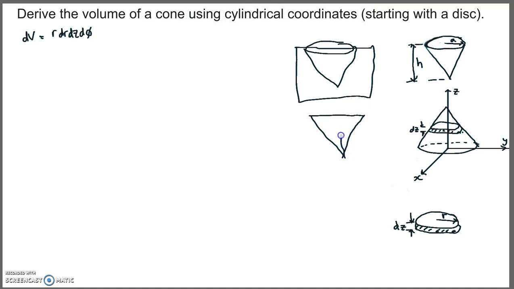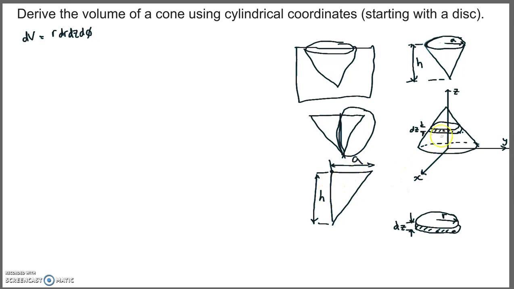The line in the middle here would be the axis of the cone. So we'd like to focus on this triangle here. I'll just draw it outside. This side here represents the axis of the cone, and it has a height of h. And this distance here, from the middle of the cone to the edge at the base, is just the radius of the base, which we called a.